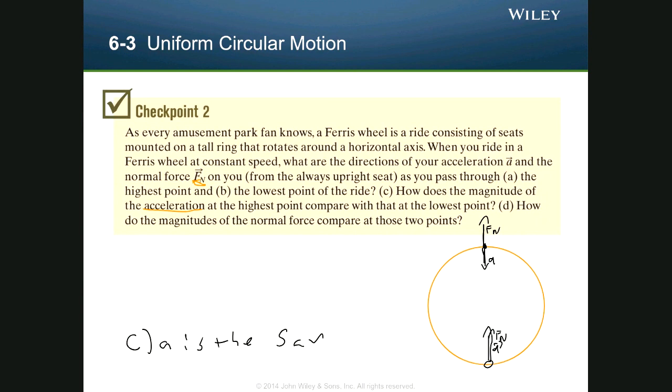Now here's the fun one. How do the magnitudes of the normal forces compare at the 2 points? So basically the top and the bottom. This is the fun one. This is the one we've been wanting to get to.